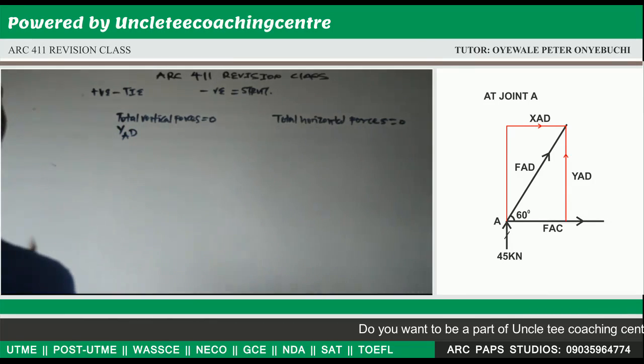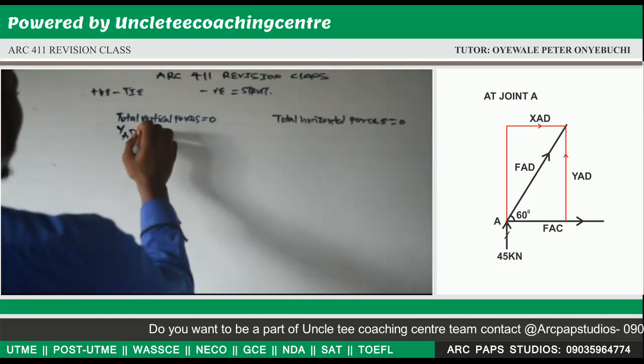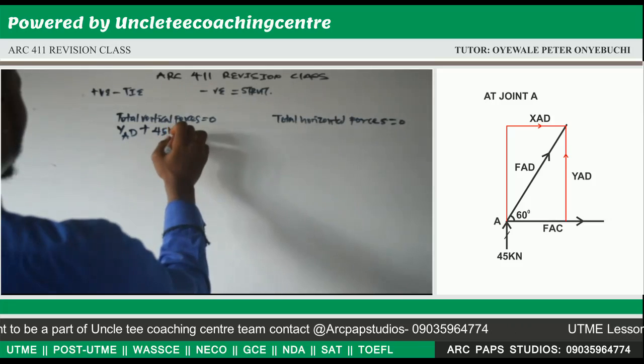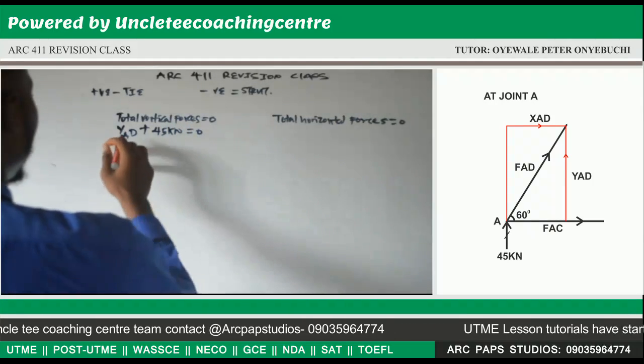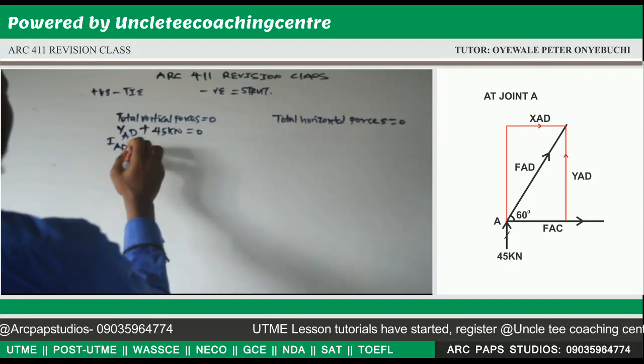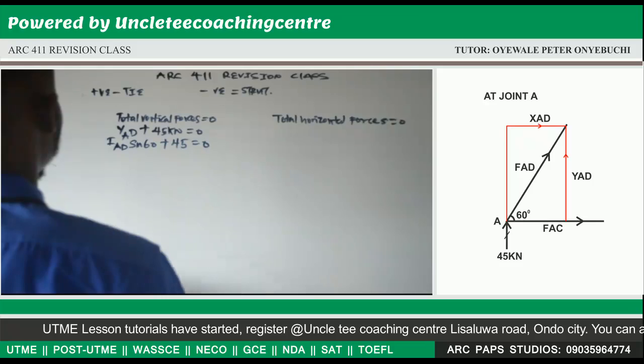You discover my YAD is positive because the arrow is pointing upwards. Plus 45 kilonewton is also pointing upwards, will give us 0. Now YAD, when you resolve that, will give us FAD sine 60 plus 45 is equal to 0.